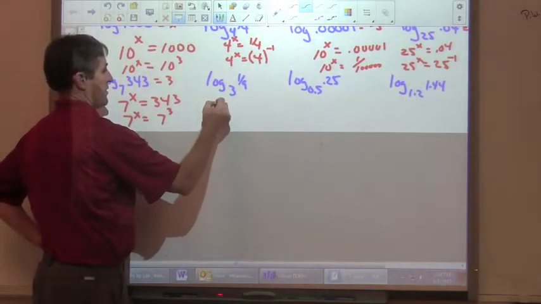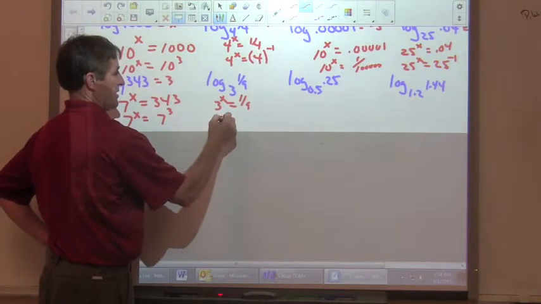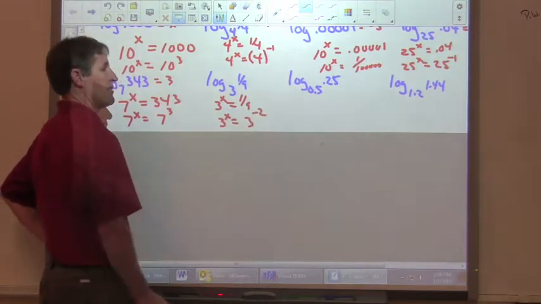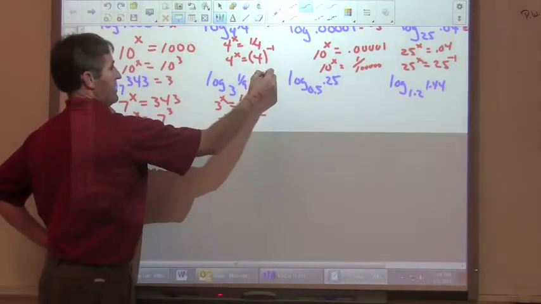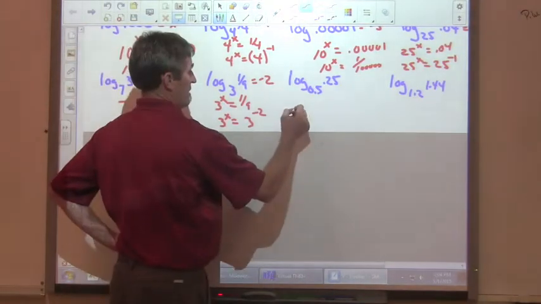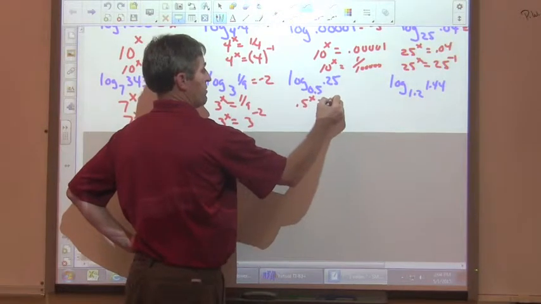Again, 3 to the x equals 1/9. I can write that as 3 to the negative second power. So that equals -2. 0.5 to the x equals 0.25.